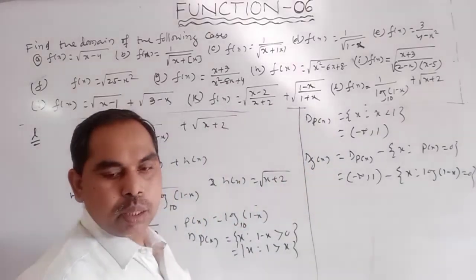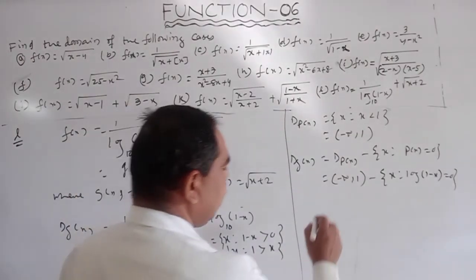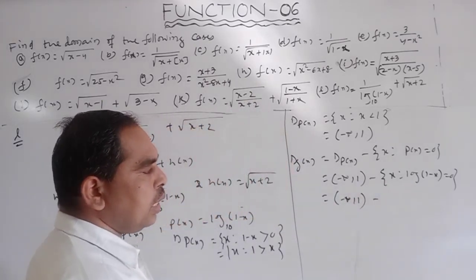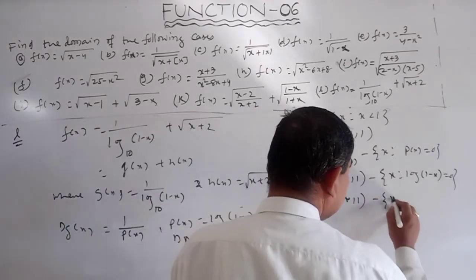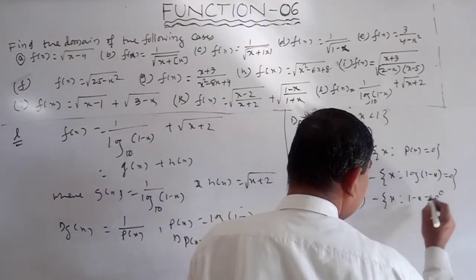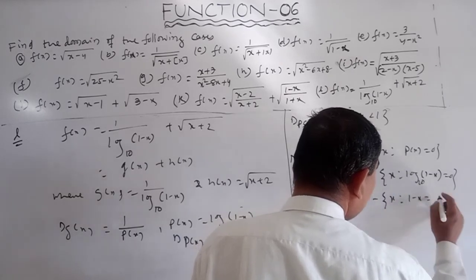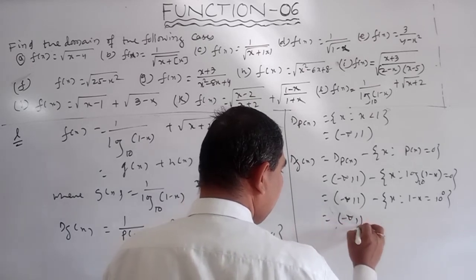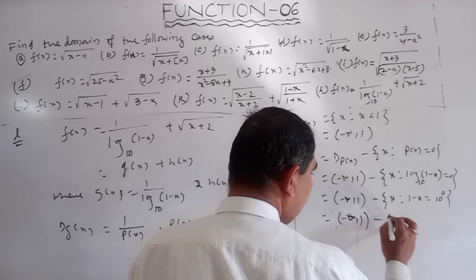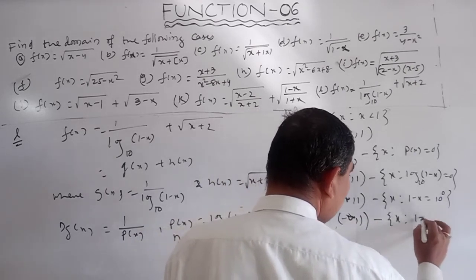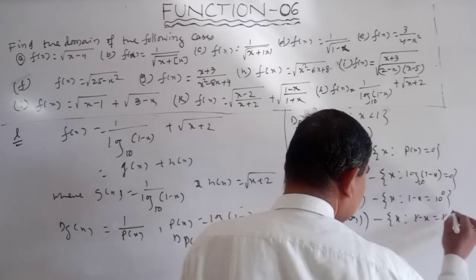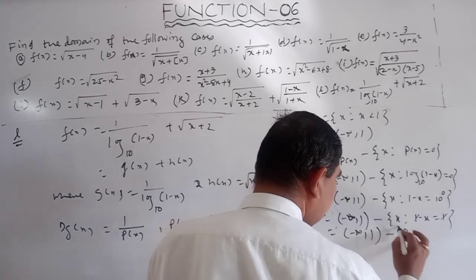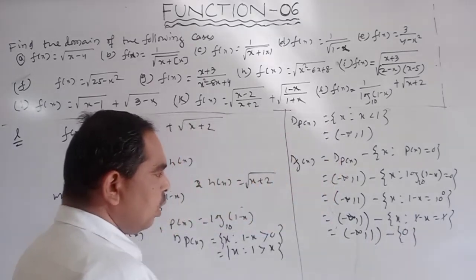Log of 1 minus x is equal to 0 means 1 minus x is equal to 10 to power 0. So minus infinity to 1 minus x such that 1 minus x is equal to 1. 1 cancels, so x is equal to 0. So this is minus infinity to 1 minus curly bracket 0. This is the domain of g(x).